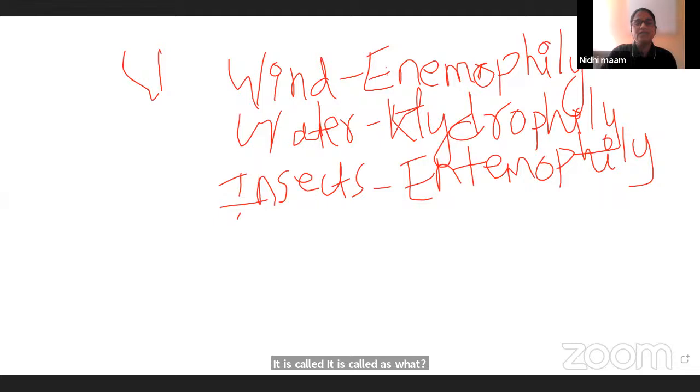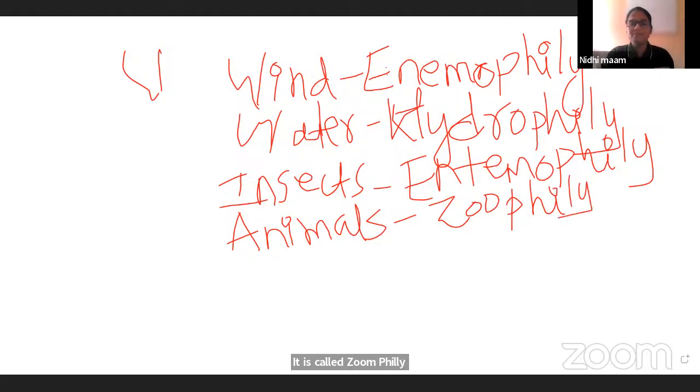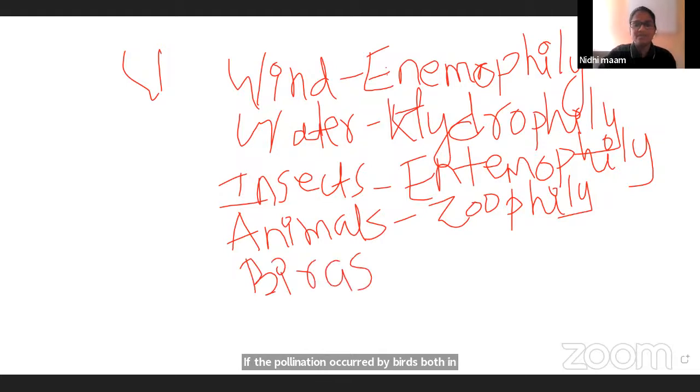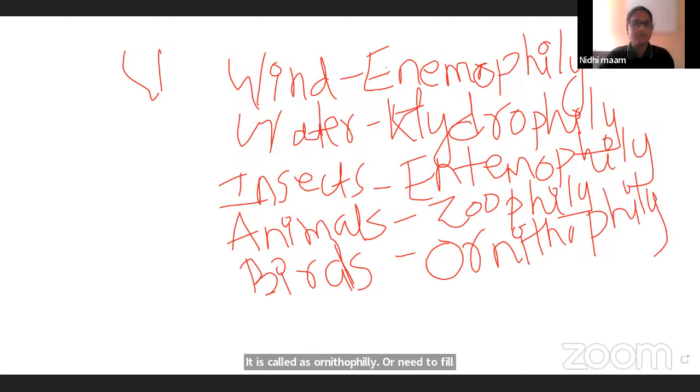If the pollination occurs by animals, it is called zoophily.